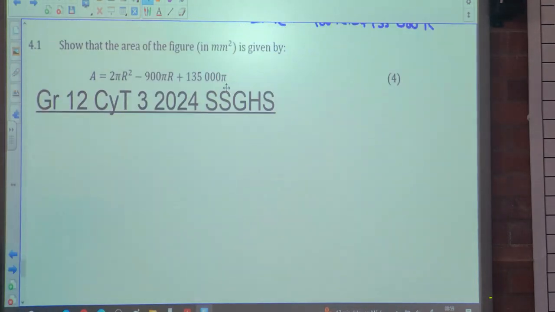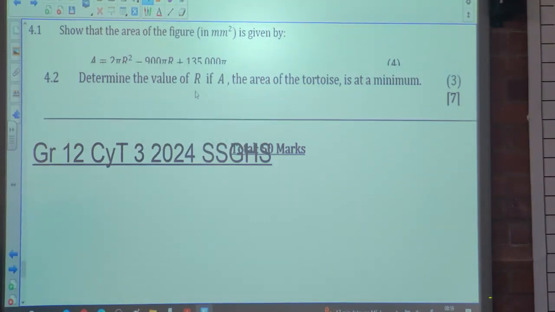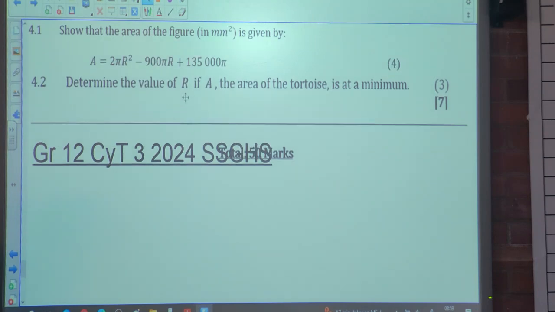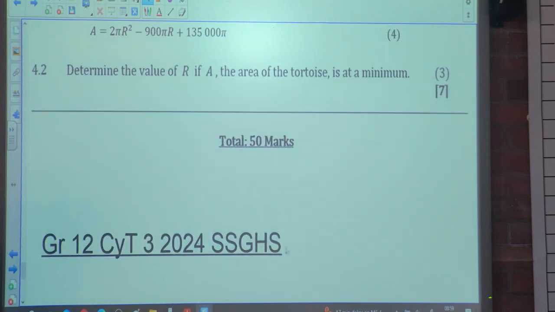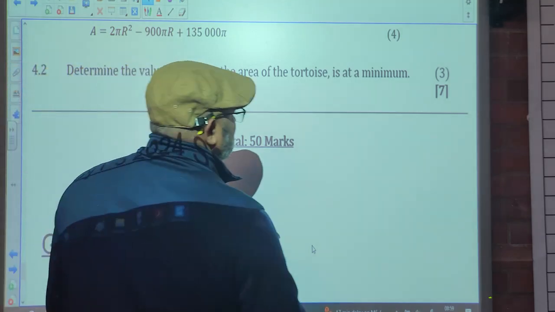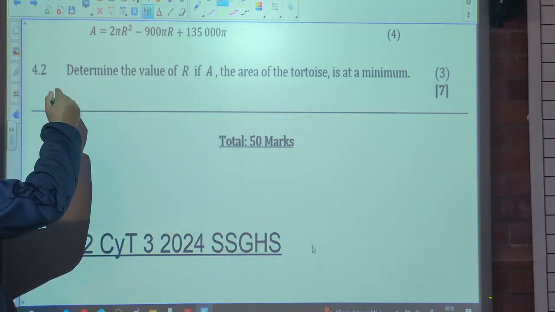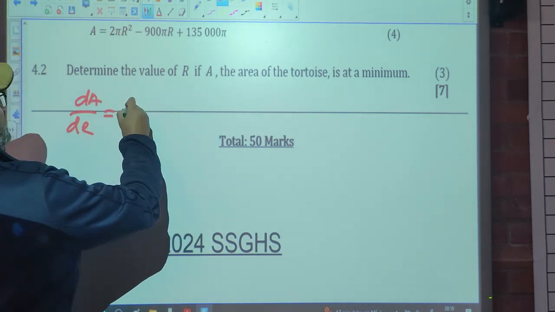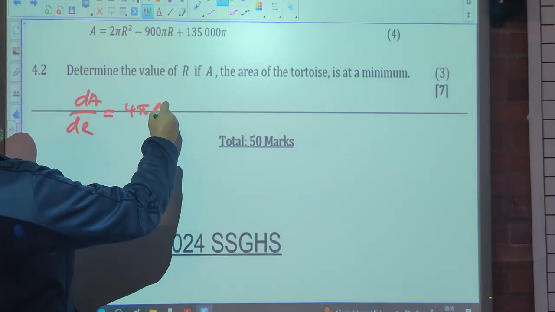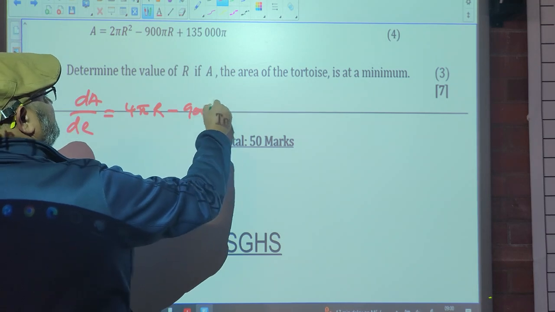And then the last question, we are asked to determine the value of R if A, the area of the tortoise, is at a minimum. So what do we do for minimum? We apply the first derivative. So the derivative of the area with respect to R is going to give you 4 pi R minus 900 pi.